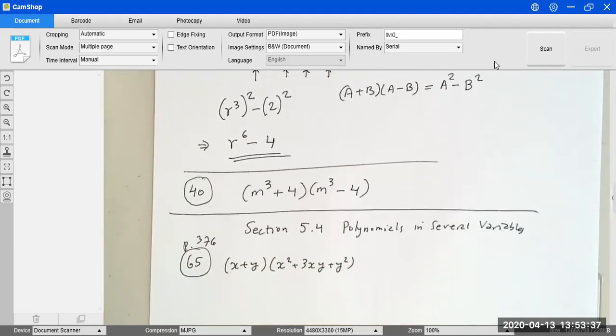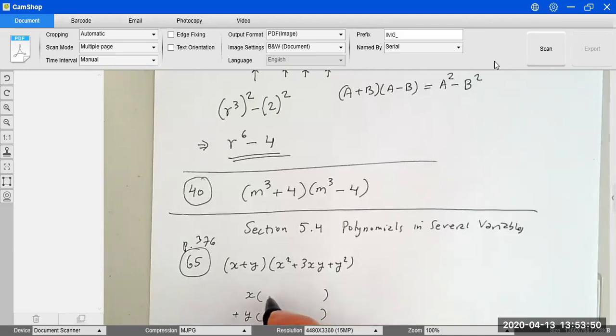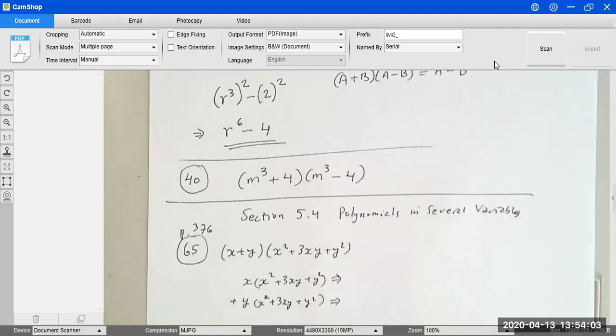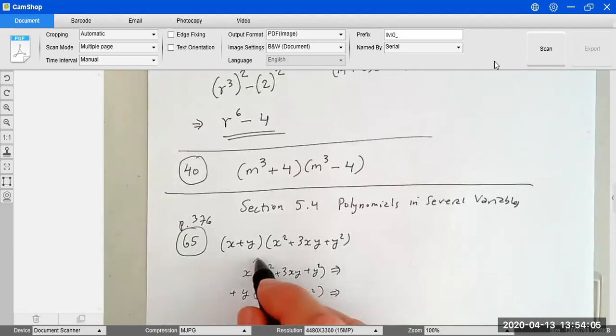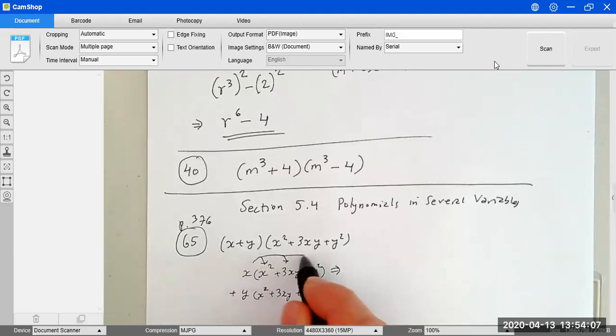So the way that we're going to solve this is following the general rule for multiplication of polynomials, which is writing one of the polynomials vertically and the other one horizontally, multiplying each term of the first polynomial. So we're going to have x squared plus 3xy plus y squared. So I'm going to apply the distributive property in both cases.